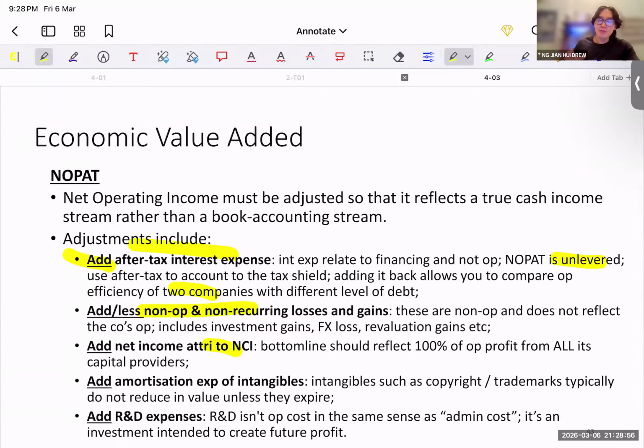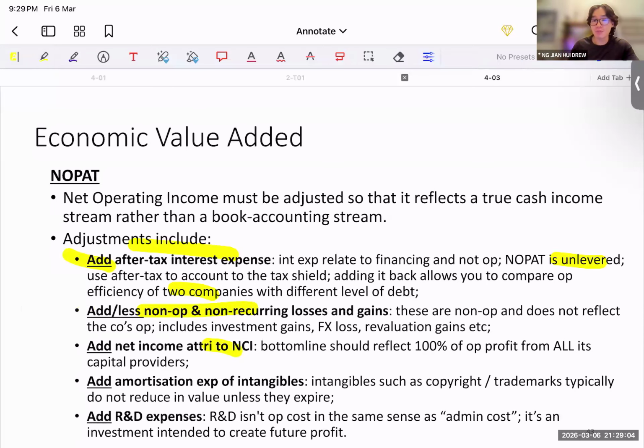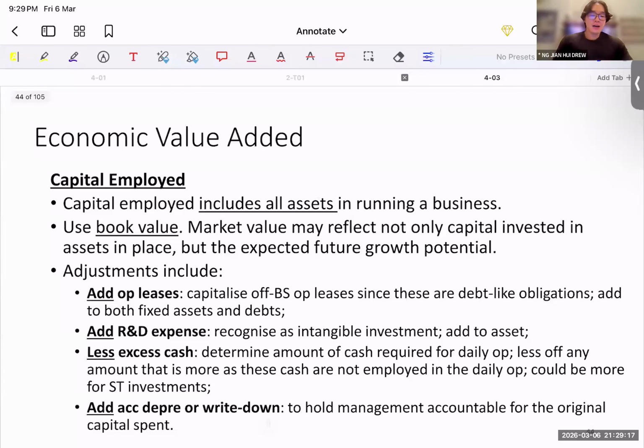So really in real life, NOPAT is all these adjustments and more. It can be more as well, or it can be less. So you need not be using all these adjustments. This is just some suggested ones. It can be more, less, it can be other stuff, right?